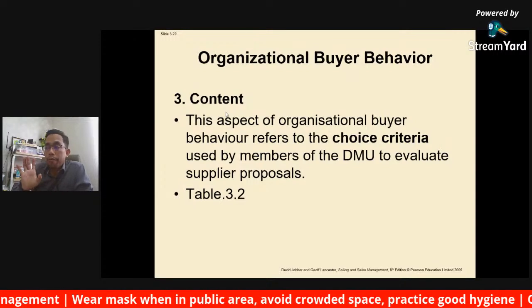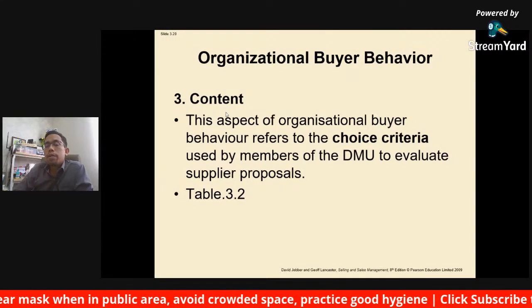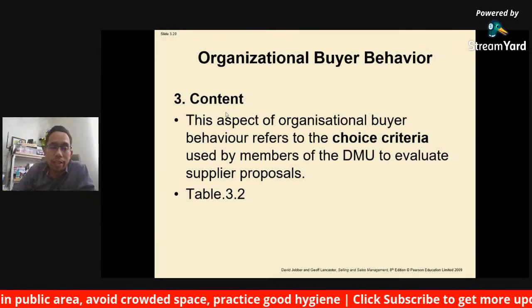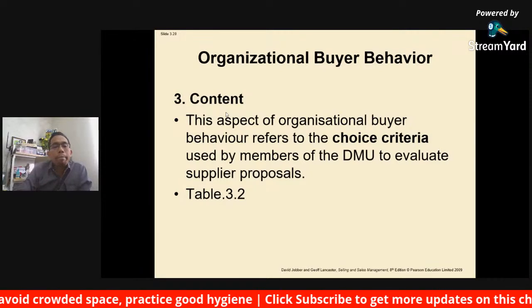You can read on your own in chapter 4, page 98.